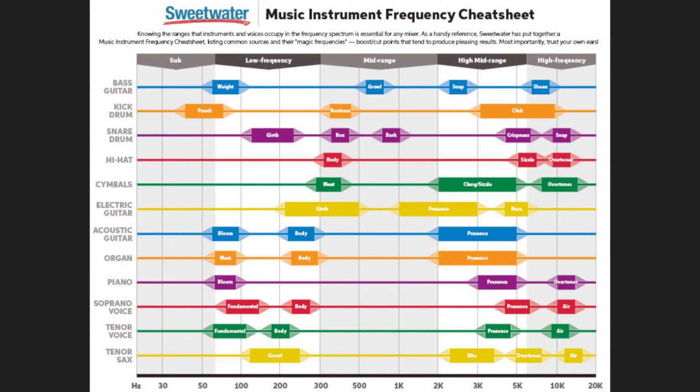All right, so looking at the snare drum, we have the girth of the snare drum, the box, the bark, the crispiness, and the snap. Okay, and so if we're EQing a snare drum, these are the different ranges that you might want to think about when you're EQing those different kinds of instruments.